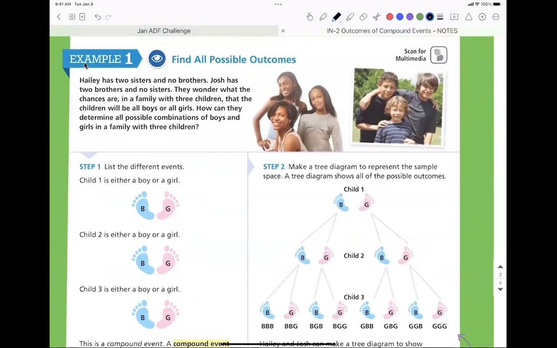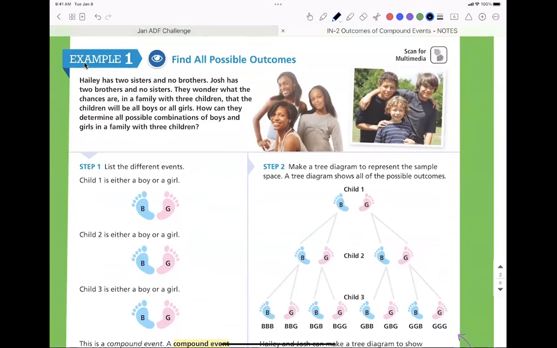So now let's look a little bit closer at the tree. We're going to look at this example that utilizes a tree. The reason we have to utilize the tree is because this is considered 3 events because we're talking about 3 children here. So child 1 is the first event, child 2 is the second, and so on. It says, Haley has 2 sisters and no brothers. Josh has 2 brothers and no sisters.